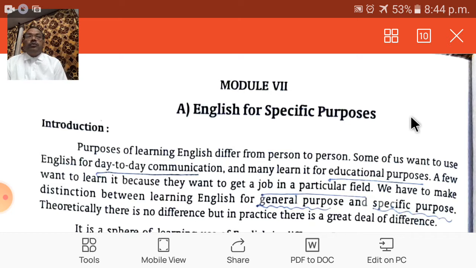English is very important in our daily life, and we use English for different purposes. The purpose of using English is totally different from person to person.